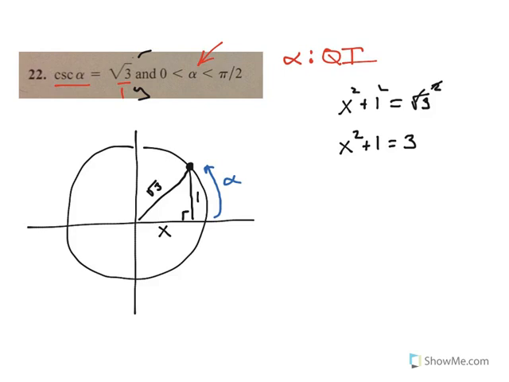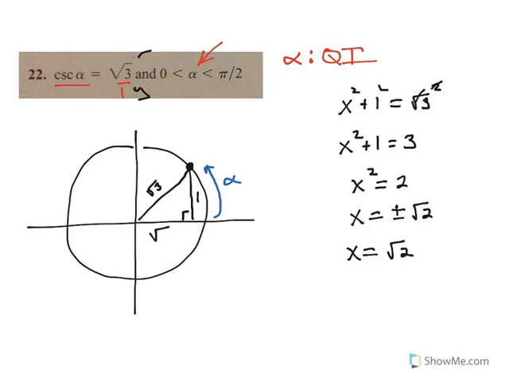And subtract 1 from both sides, so x squared will be 2. So x is going to be plus or minus the square root of 2. And which one makes sense for this particular x? It's in quadrant 1, so it's going to the right. So x is just going to be square root of 2. So that's going to go in for our x value.